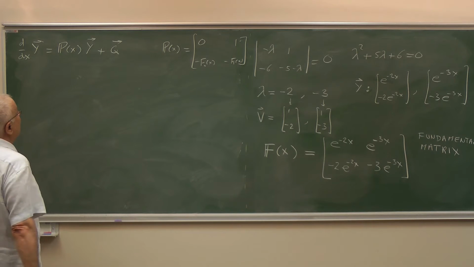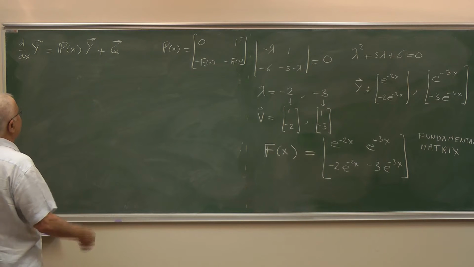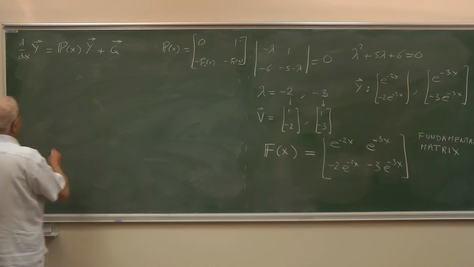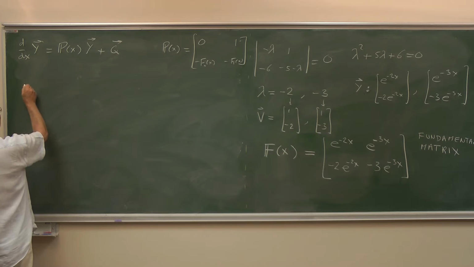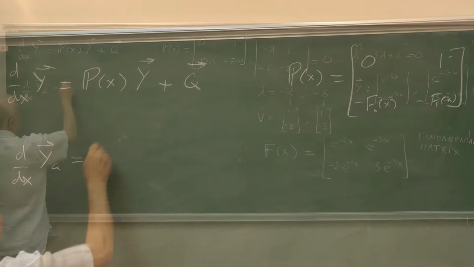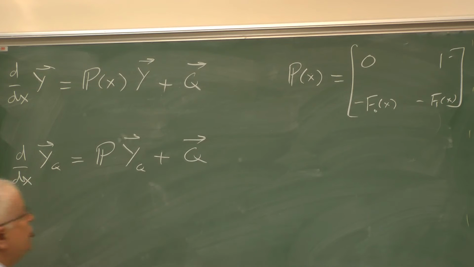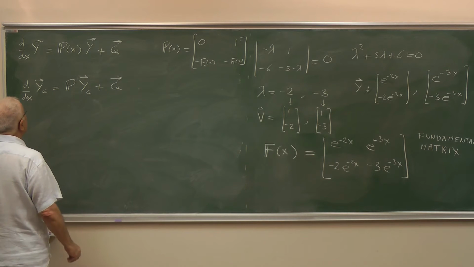Now, how about solving this? Let us assume that there exists a solution which I will call the particular solution, y sub q, with d/dx y_q equals P times y_q plus q, the inhomogeneous term. So this is my solution. How I find it, I leave to the next 10 minutes or so.